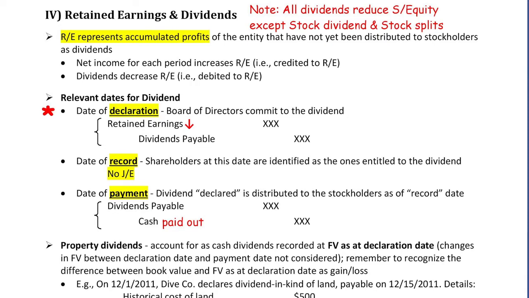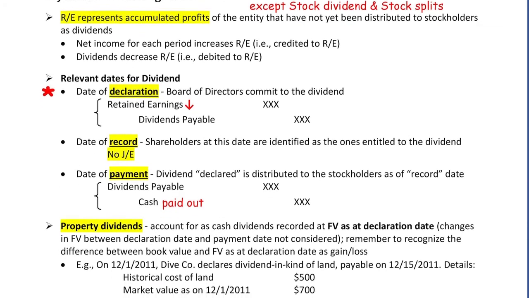Next we're looking at property dividends. So instead of paying out cash to stockholders, the company is giving out property. Now the property is recorded at fair market value as of the declaration date. So if the fair market value is different from the book value, remember to recognize a gain or a loss on the property.